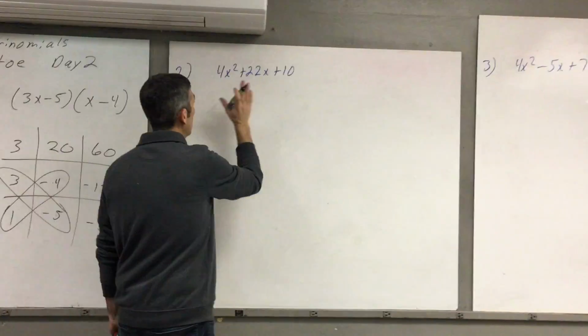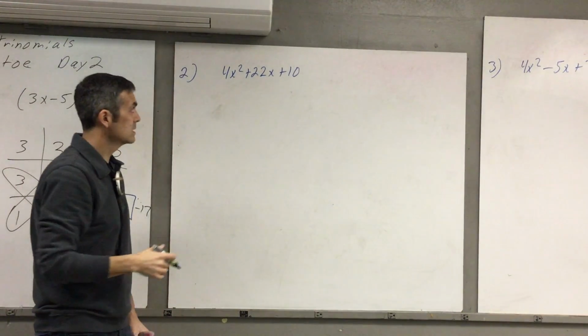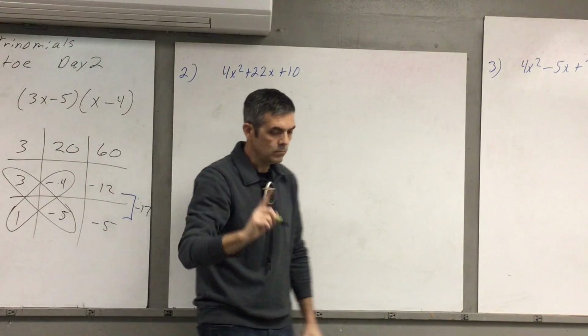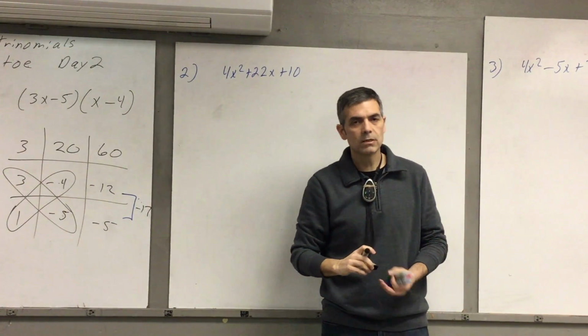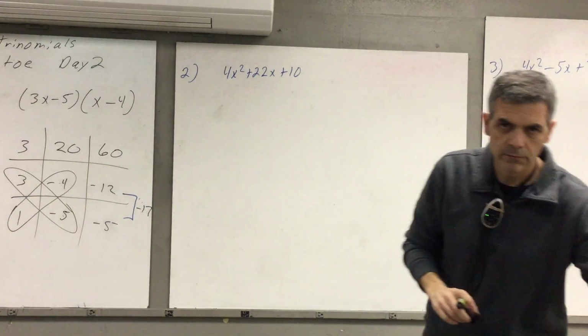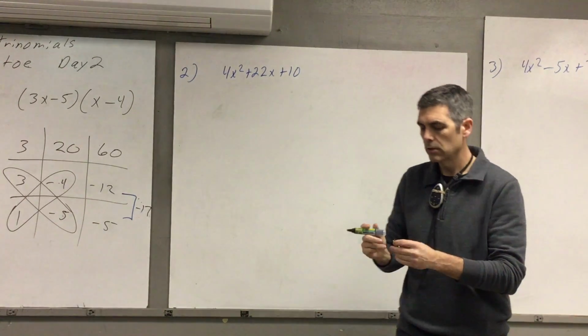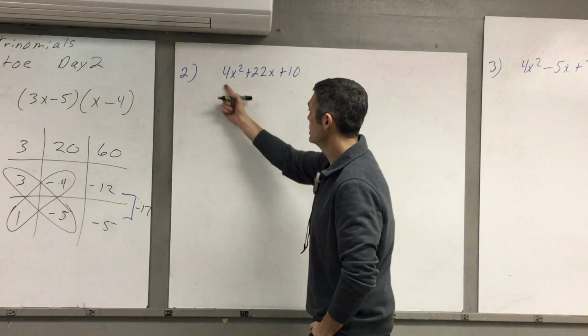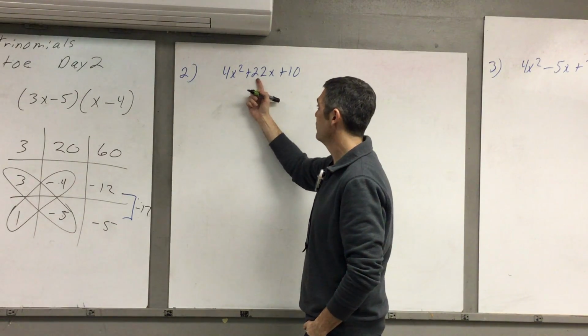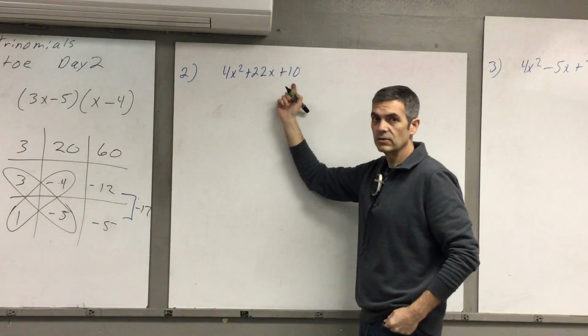Okay. All right, 4x squared plus 22x plus 10. Pay attention to these because you need to take your greatest common factor out first before you do anything, all right? So, what is our greatest common factor here? Well, this is divisible by 2, this is divisible by 2, and this is divisible by 2.